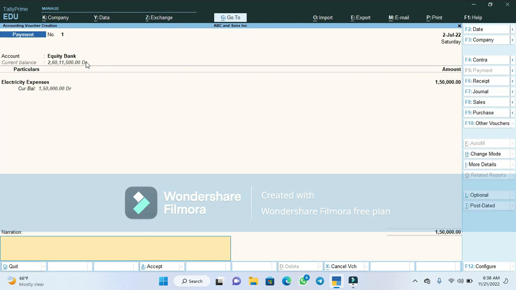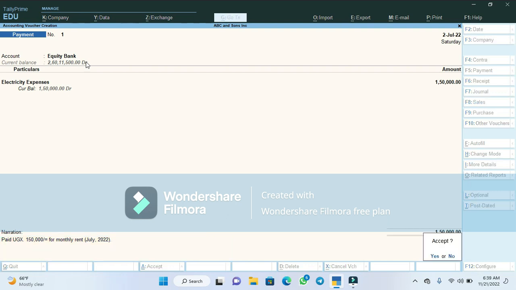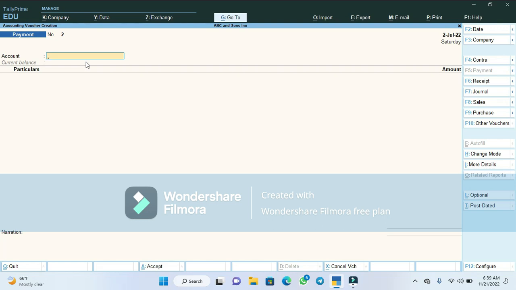So we enter, and in our narrations we can say: paid UGX 150,000 only for monthly rent of (July 2022). Say enter, and we save that transaction.